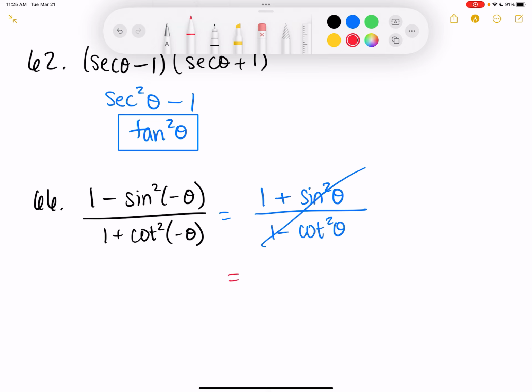So 1 minus sine squared is what? Cosine squared. So I'm going to rewrite that as cosine squared of minus theta over, what is 1 plus cotangent squared? Cosecant squared of minus theta. And then now I'll use the negative stuff. So of cosine, what happens to the negative?